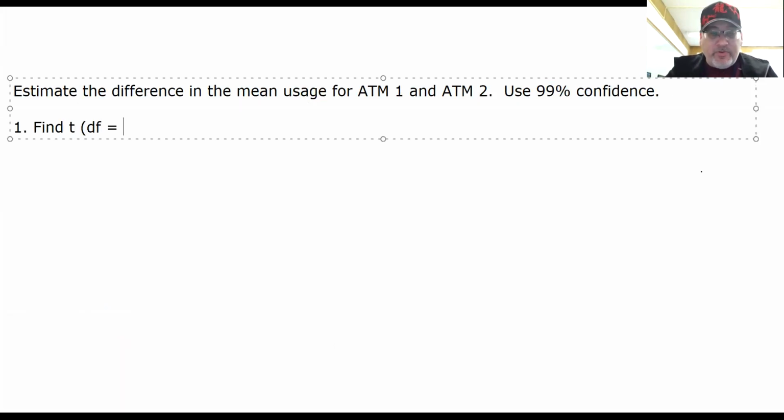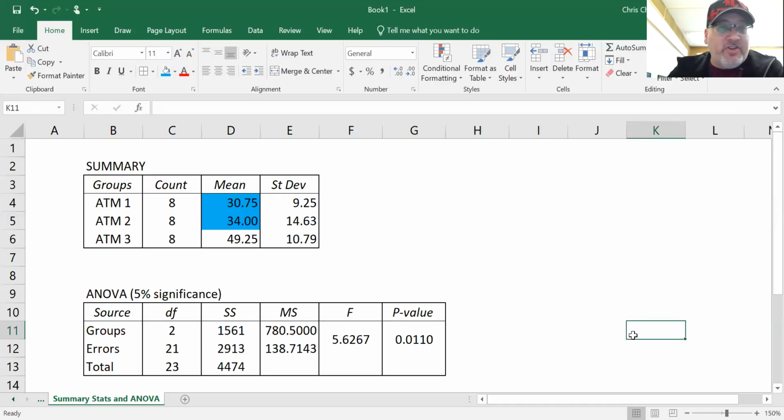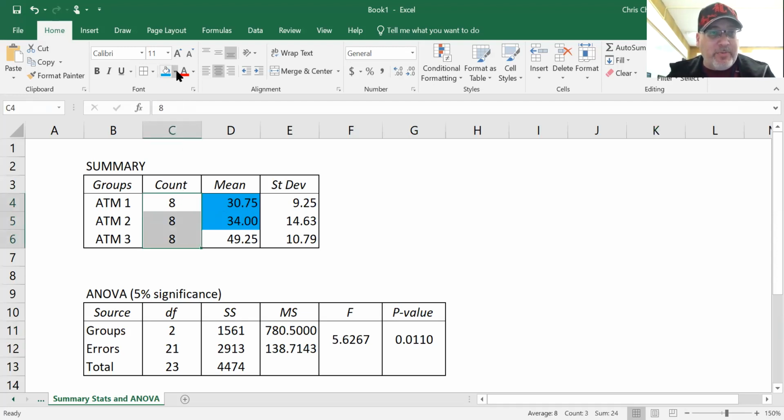Our degrees of freedom was N minus K, or DF errors, whichever way you want to think about it. So let's just remind ourselves where it was, since we don't want to assume everybody's watched the previous video, but you should have, especially if you're in my class. Where is N and K? N is the grand sample size, so it would be the sum of all the sample sizes. So it would be 24.